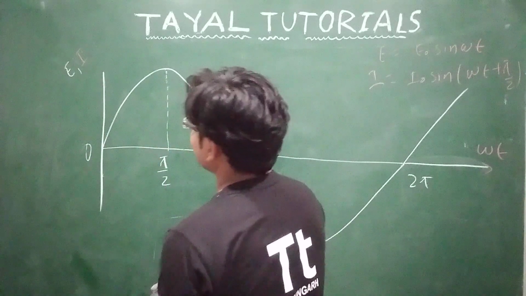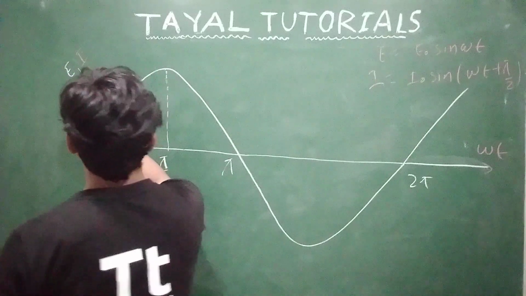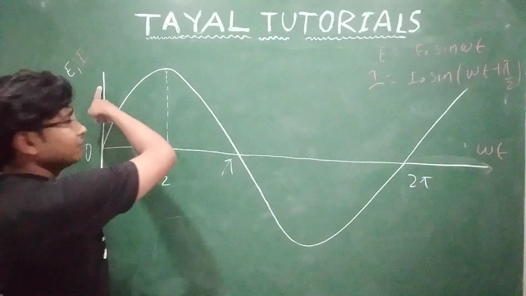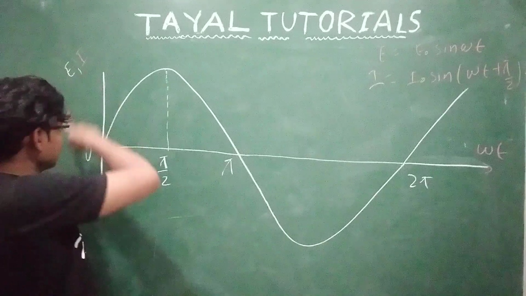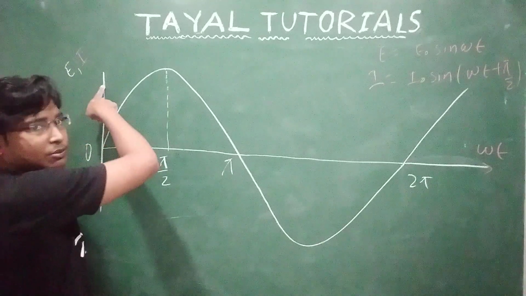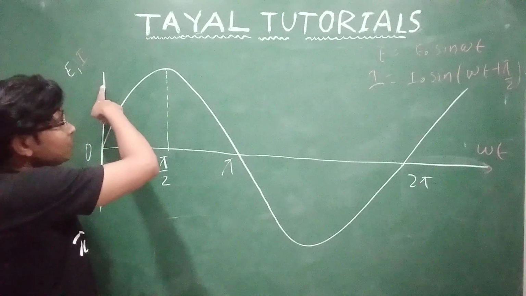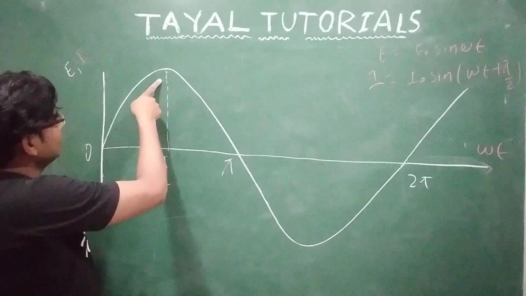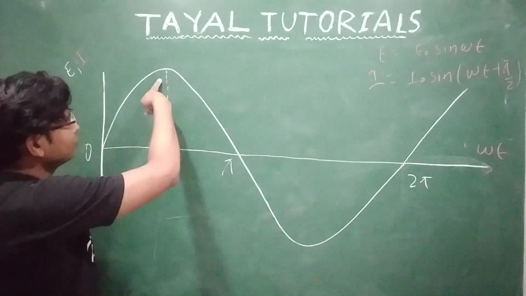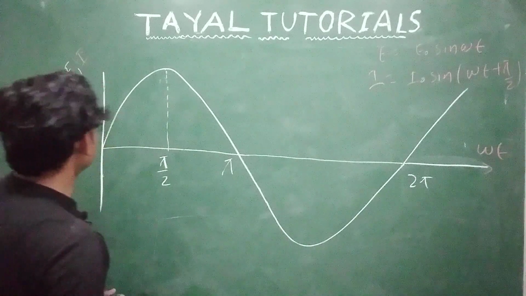How? See, if I start the current from here, I will get the maxima. If I start somewhere here and I show the maxima, that will be what? Maxima of current will lead the maxima of EMF by 90 degrees.